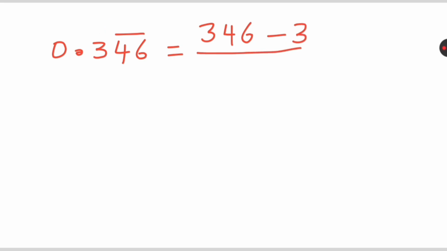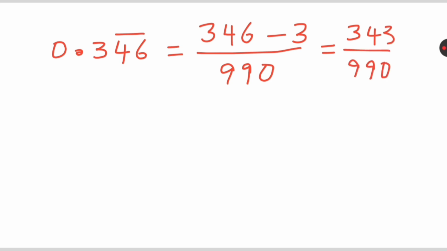Over the denominator: how many digits have a bar? Under the bar we have 2 digits, so you write 2 nines here. And how many digits do not have a bar? We have a single digit without a bar, so you write a single 0 here. Then write the fraction form: 346 minus 3 gives 343, divided by 990. That is the fraction form of this recurring decimal.